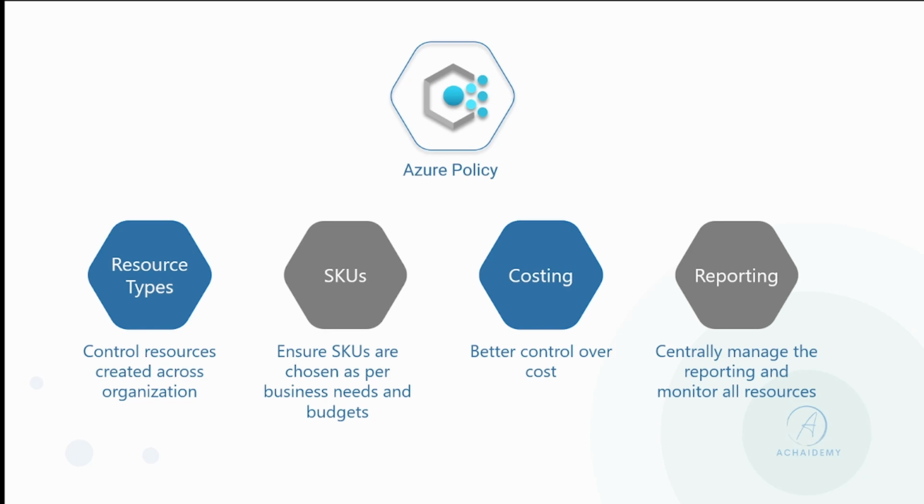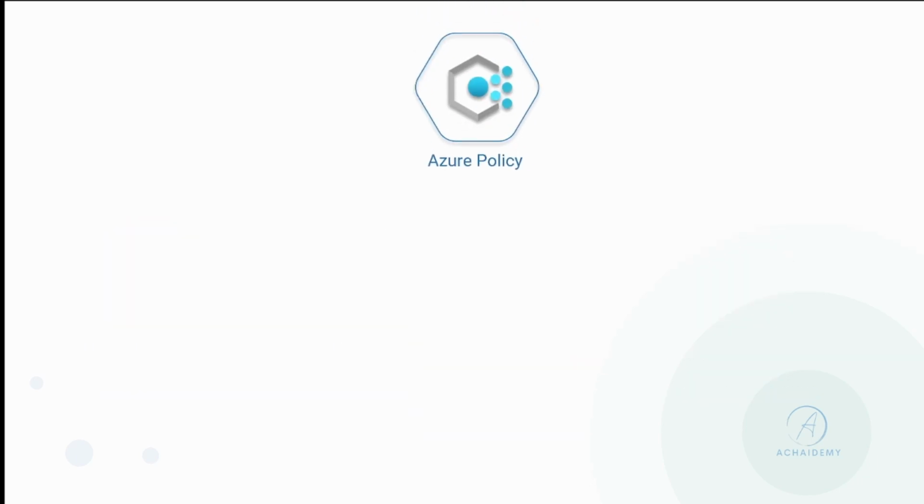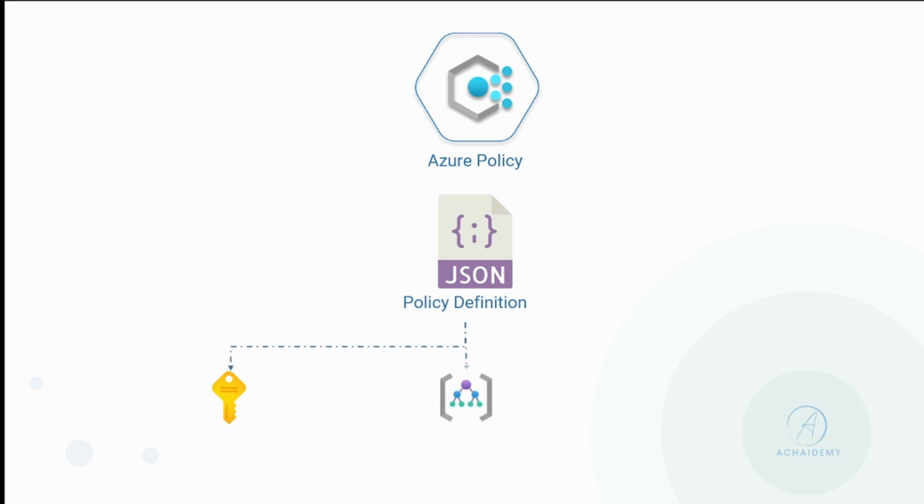Azure Policy can also collate information across the organization and provide better monitoring and reporting. The business rules are described in a policy definition, which are then assigned at various scopes such as management group, a subscription, a resource group, or in some cases, the resource itself.